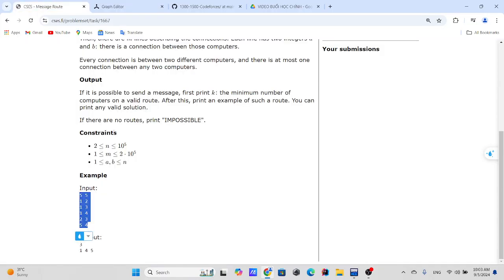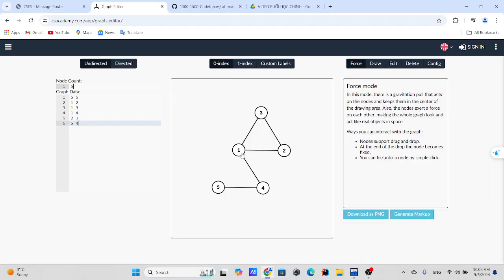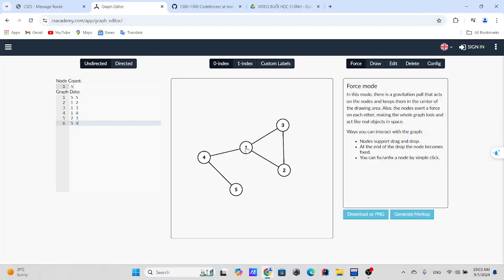Right. So from 1 to 5, right? From 1 to 5. 1, 4, 5. Okay, so we can just use DFS, right? Kosaraju is also okay. Yeah, Kosaraju is also okay.